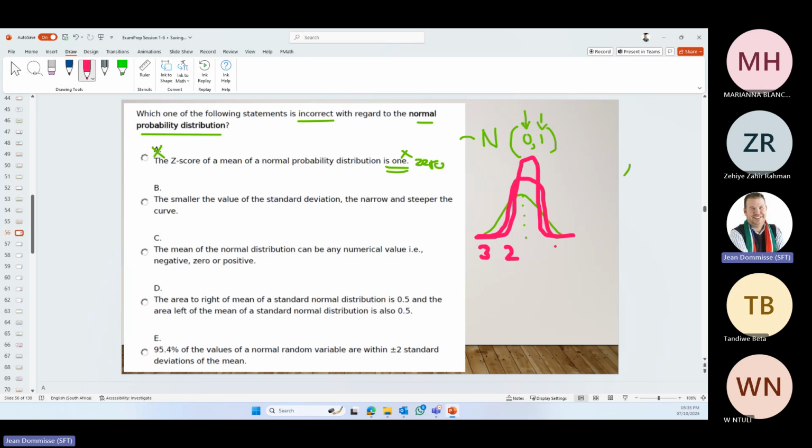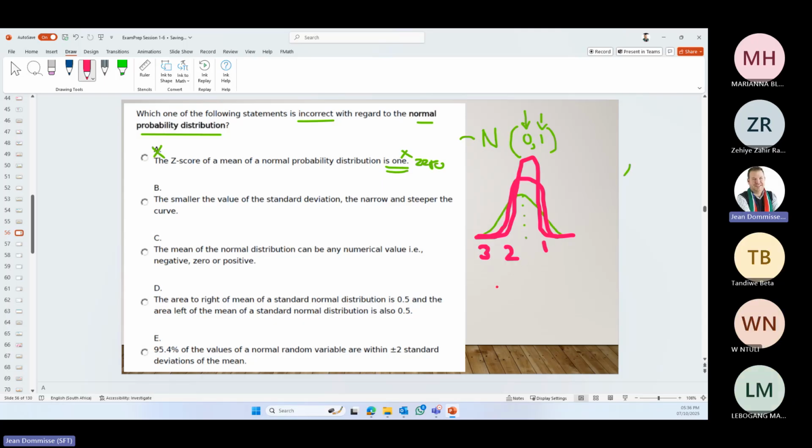So basically, the smaller the value of the standard deviation, the steeper your curve will be. I'll show you more in a practical way when we look at some examples later on.